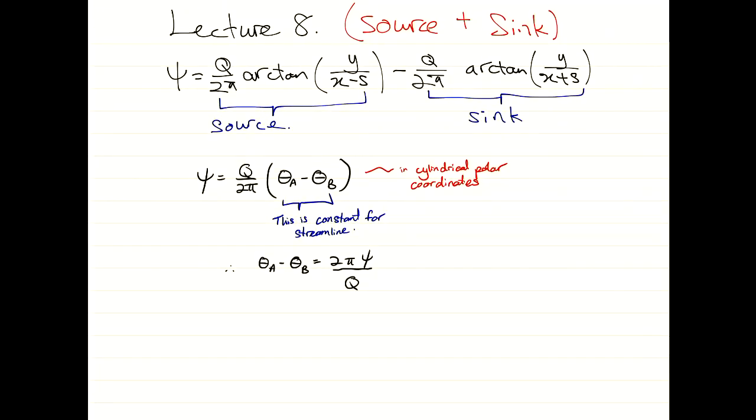Right, and my first trick is I want to take the tangent of theta A minus theta B. So I'm going to end up with tangent of theta A minus theta B equals tangent of 2 pi psi over Q. And I'm just going to say that this is equal to some constant A, because you all know that this is a constant.